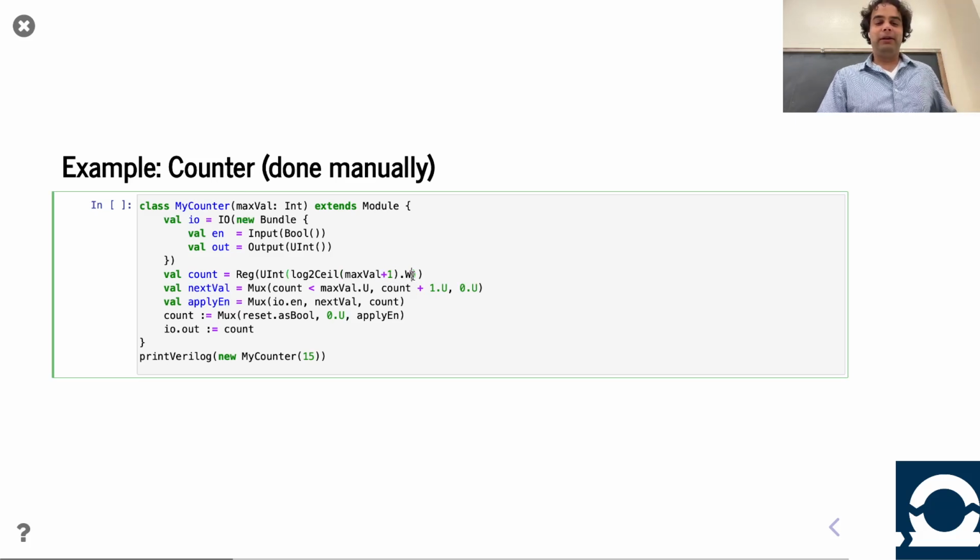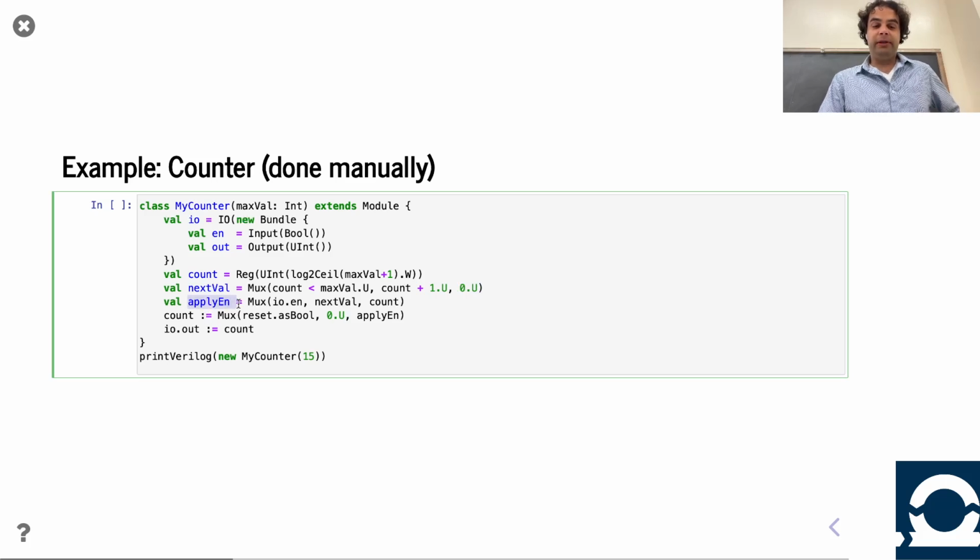But okay, there's some logic here to calculate the width. We did it manually. What other logic do we have here? Well, like we talked about a couple slides ago, to do all these various bells and whistles for our register, we have these various muxes. So next value: if we're below the maximum value, we can add 1. If count is greater than or more likely equal to max val, then of course we reset to 0, wrap around.